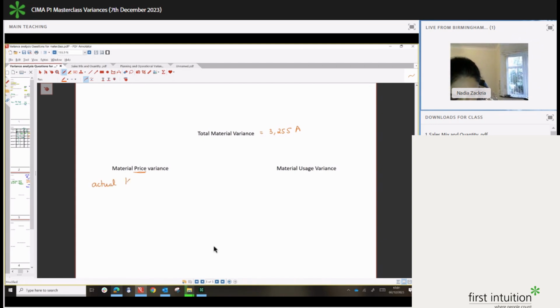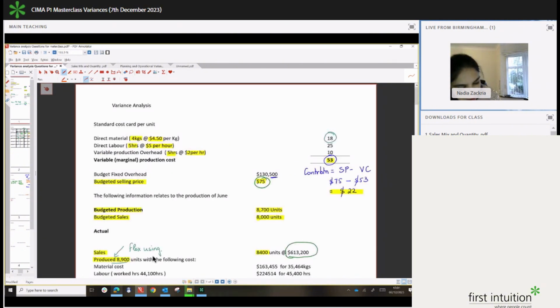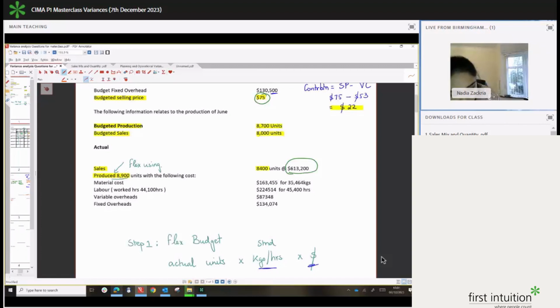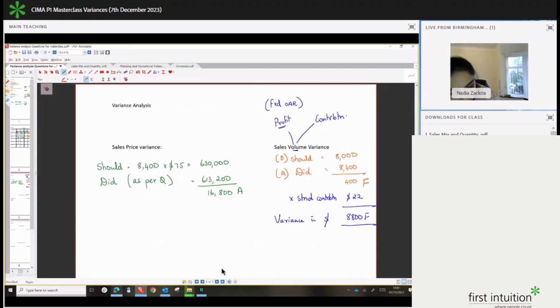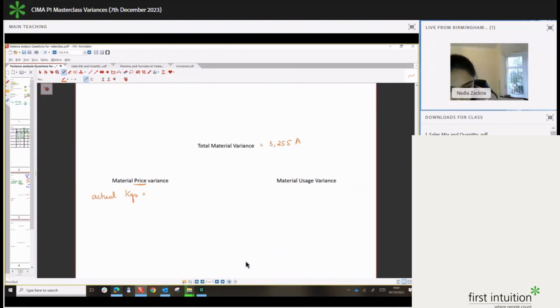So actual kgs. And if we have a look at the question here, it tells us that our material costed us 163,455 for 35,464 kgs. So when we're doing our material price variance, we're going to take that 35,464 kgs.